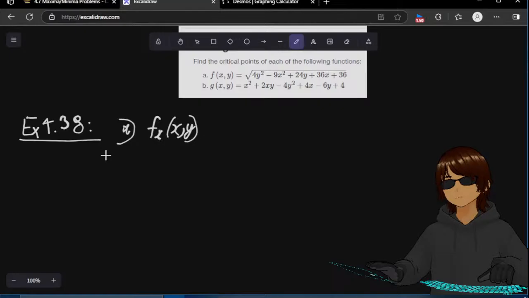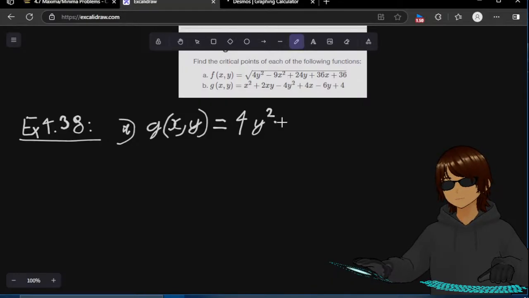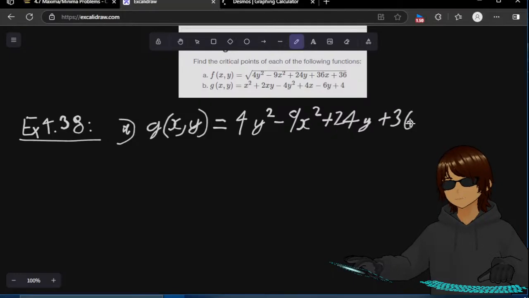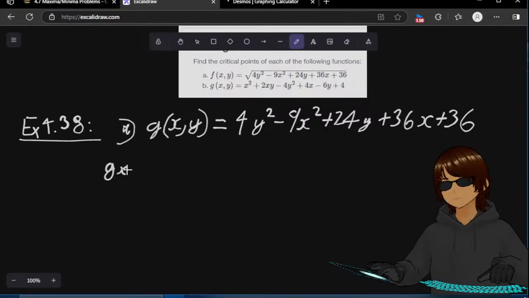Let's say, wait, before I do this, let's say g of x, y is all this, y plus 36x plus 36, then the partial derivative with respect to x.